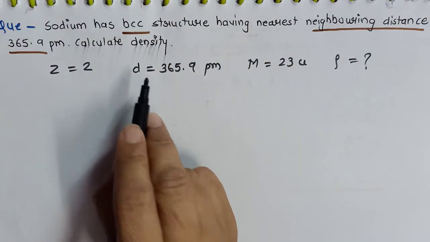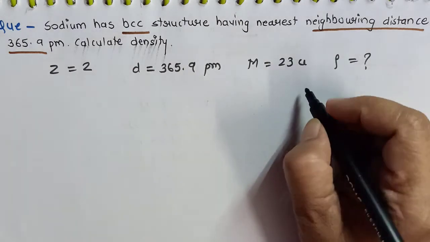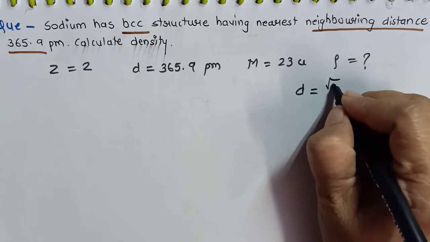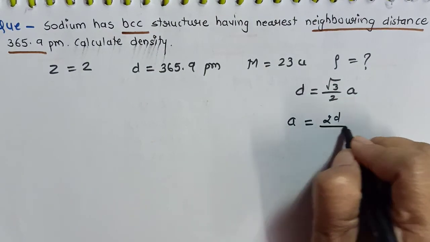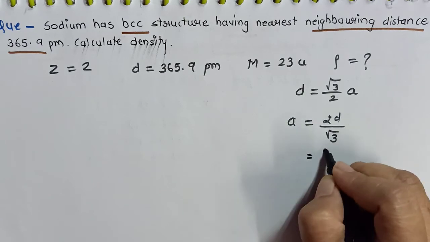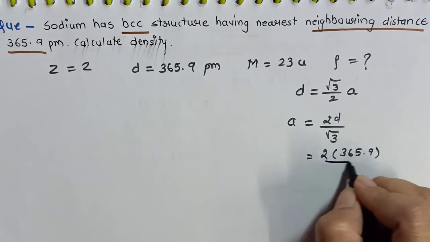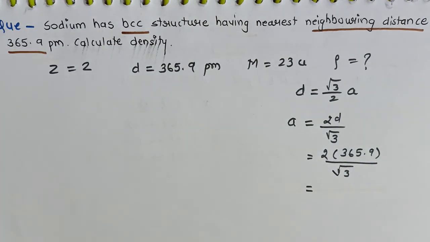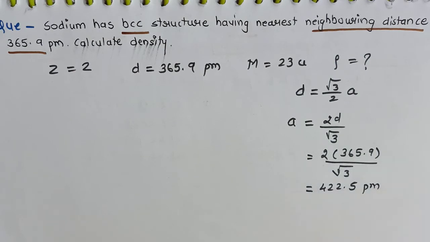We have d, but we don't have the value of edge length a. But we know the relationship between d and a. d equals root 3 by 2 a, or I will say a equals 2d upon root 3. 2 into 365.9 upon root 3, and this we get the answer 422.5 picometer.